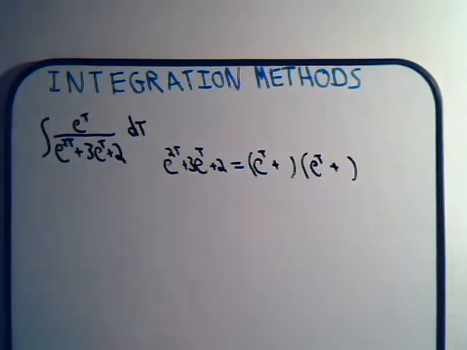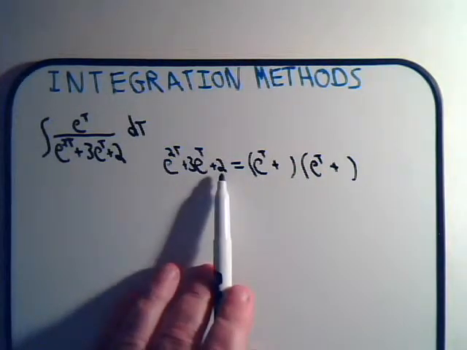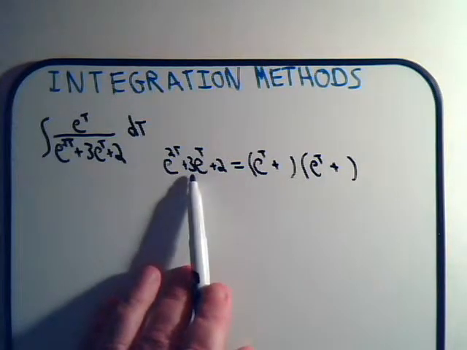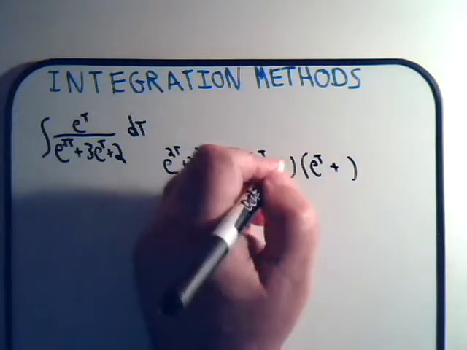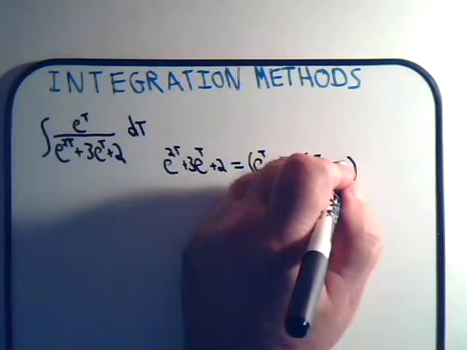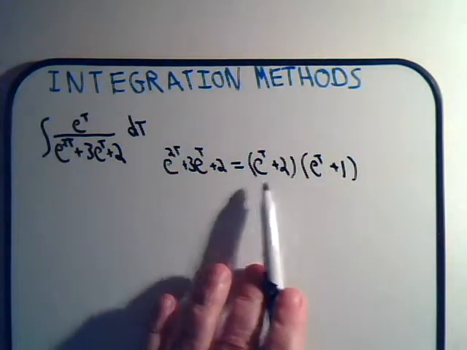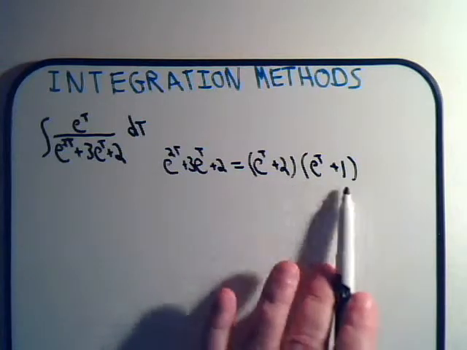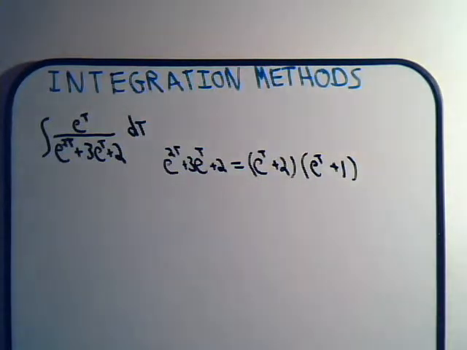Multiplying these together gives e to the 2t, and we have to have two numbers: we multiply them together we get 2, and we add them together we get 3, so it looks like it would be just this, e to the t plus 2 times e to the t plus 1.